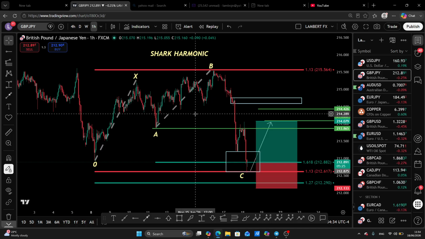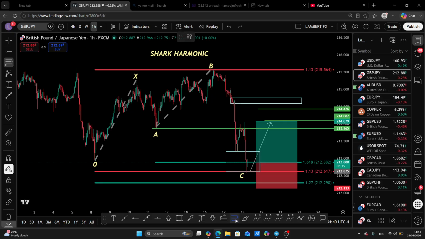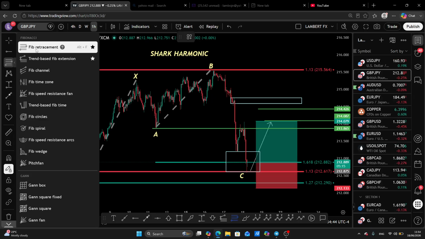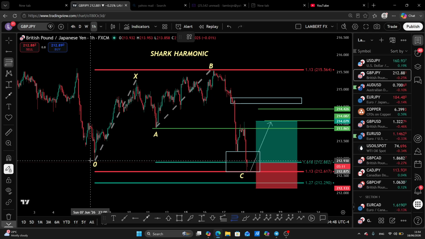All right. So how do we get the measurement? What we do is we grab our fib retracement, under Fibonacci. You have your fib retracement here. You start from the beginning of the impulsive leg to the upside.